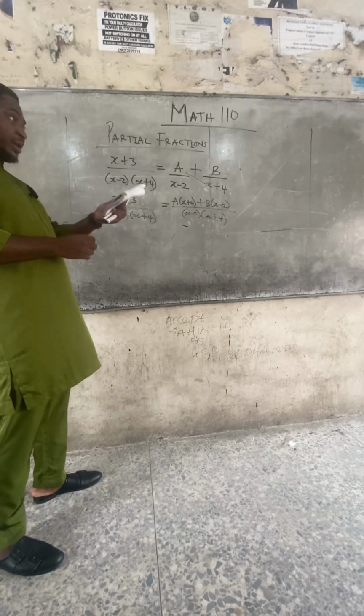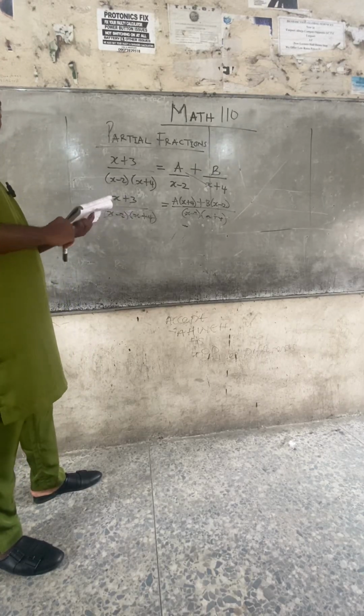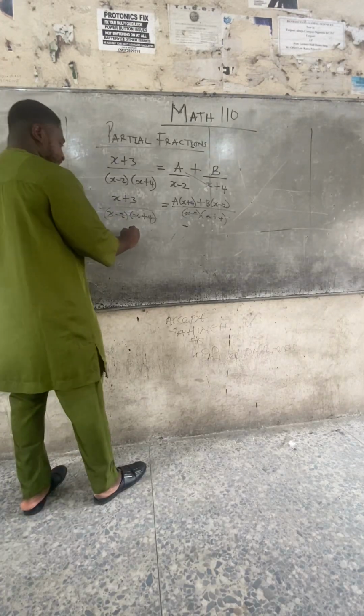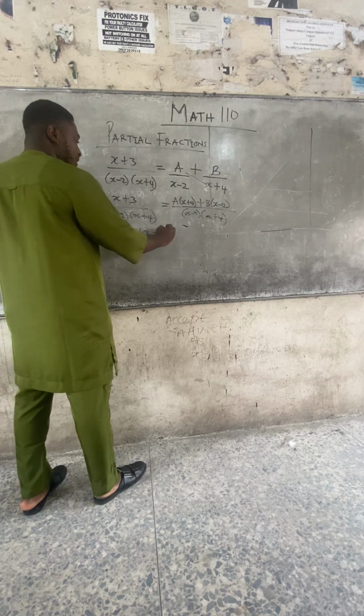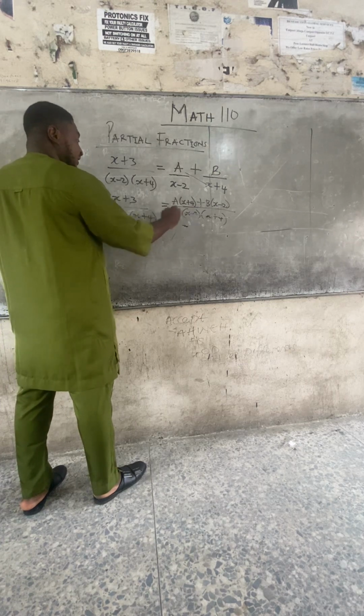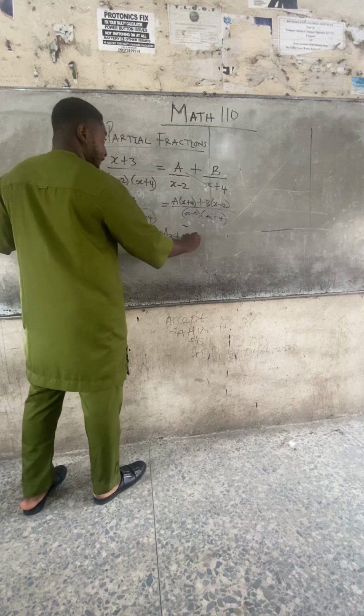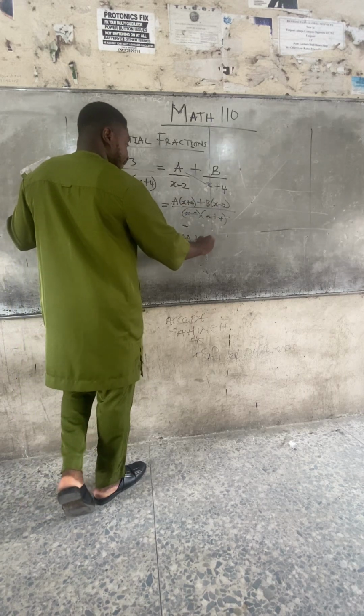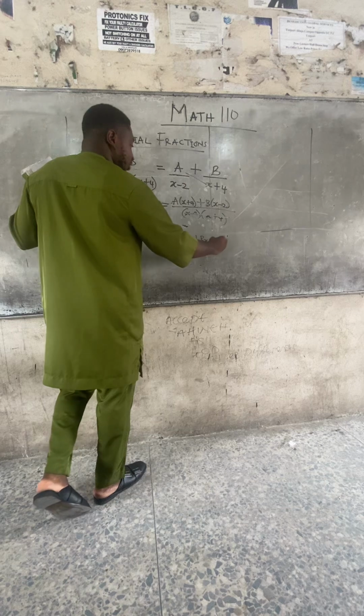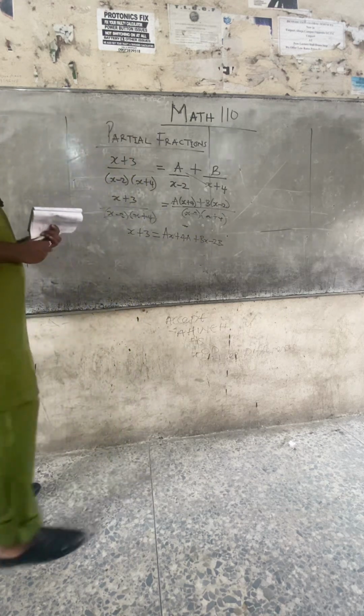We now deal with the numerator. So x plus 3 will now be equal to, expanding this bracket, A times x, A times 4, B times x, B times minus 2, minus 2B.